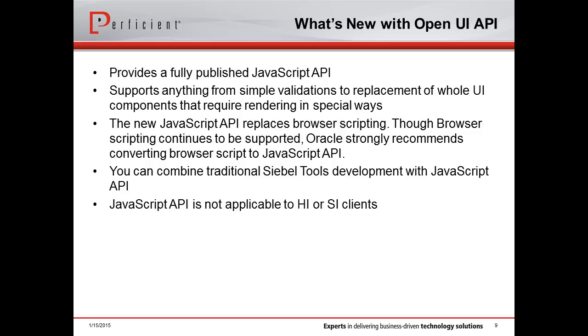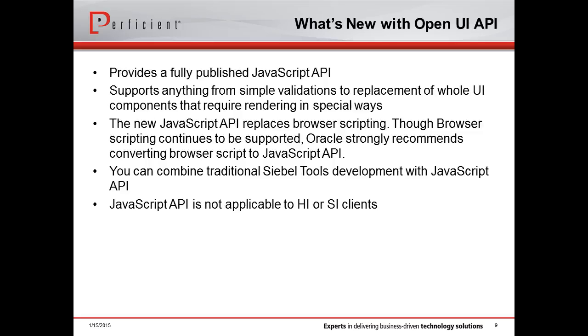So OpenUI allows you to do more outside of Siebel Tools to change the user interface, so it reduces the dependency on traditional Siebel configuration through Tools, and allows for quicker turnaround for certain types of changes to your application.